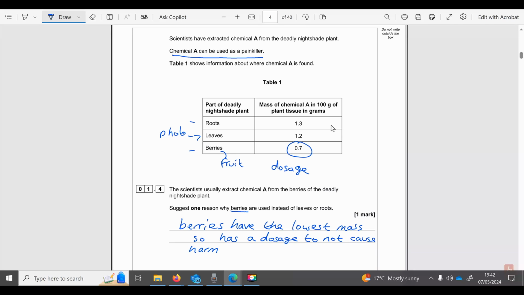So if we were to take the leaves away from the plant, it would stop photosynthesis, so the plant would be harmed. If we were to take the roots away, then it wouldn't be able to absorb water, it wouldn't be supported in the ground, and that would damage and harm the plant. So the berries can be taken because removing the berries won't cause any harm to the plant. So that's another possible answer there.